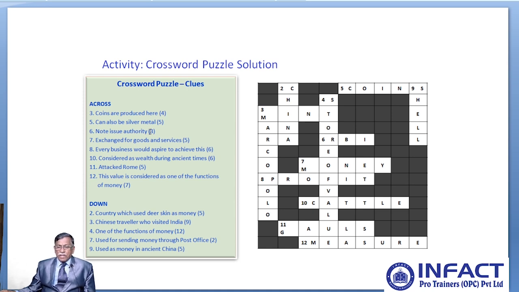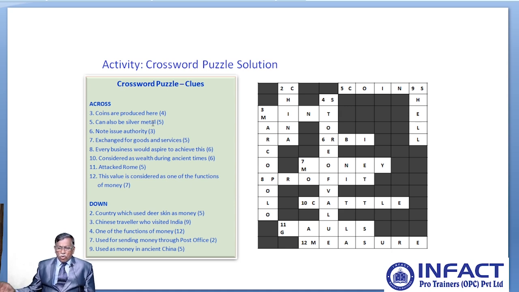Number 8, every business would aspire to achieve this. That is profit. What everyone wants to achieve is profit. Okay. Number 10, considered as wealth during ancient times. What is wealth during ancient times? It is cattle. If you have 100 cattle or 50 cattle, you can be considered a big man in a village.